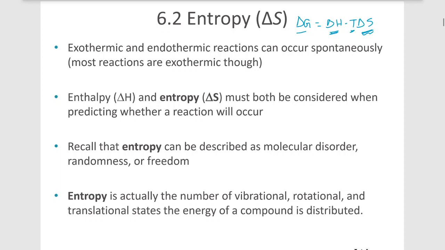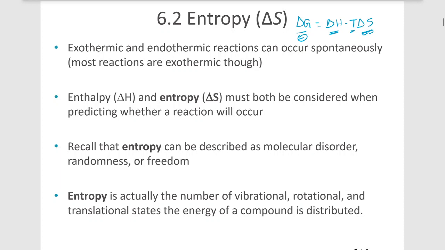So exothermic and endothermic reactions can occur spontaneously, but most reactions are exothermic. Again, we're going to get to delta G a little later on, but if delta G is negative, a reaction will occur spontaneously, and if it's positive, it's going to be non-spontaneous.